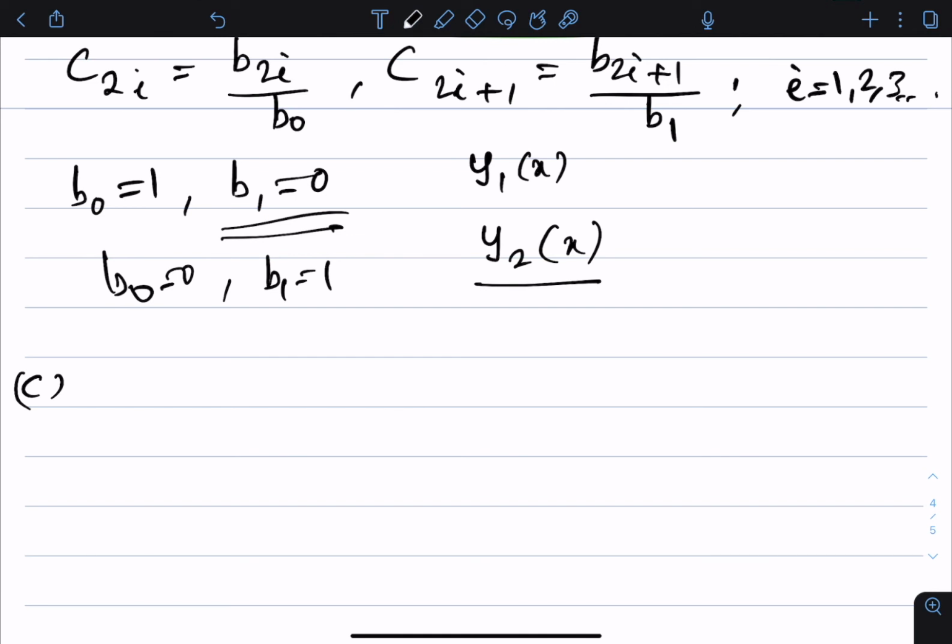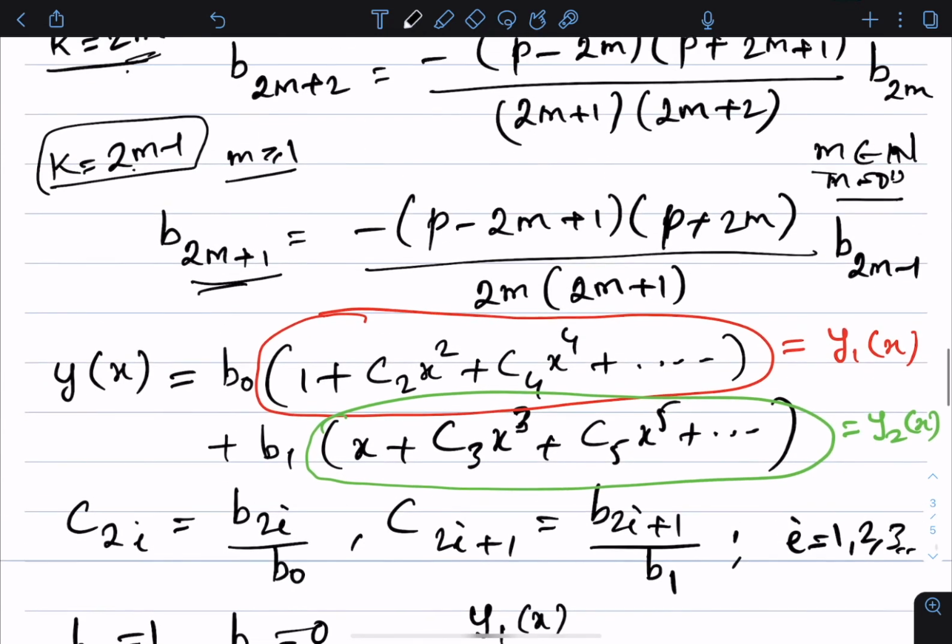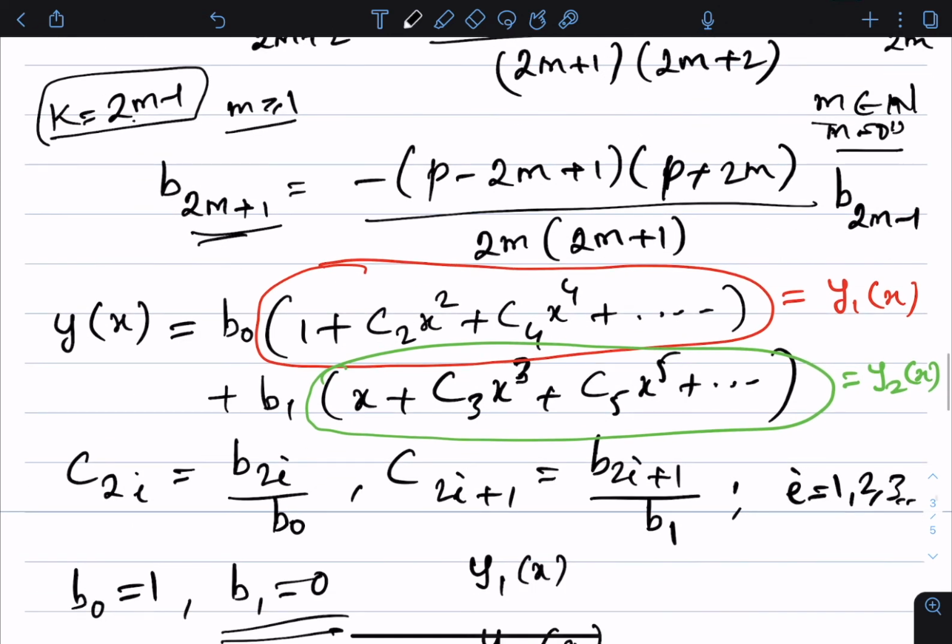Okay, so for C, first you start with P equal to 0. So for P equal to 0, look at the coefficient C2k plus 2 that we have obtained here.